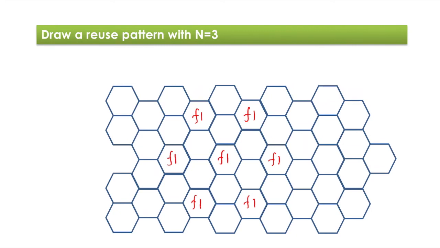Now since one frequency f1 is placed, we will try to place the next frequency f2 in other cells. So you can select any one of the empty cells where f1 is not placed. Let us place f2 here. In the same method, we will try to place the other f2 in the cells by using the reuse distance. Here you can see that this is along the side i equal to 1 and with a 60-degree anti-clockwise turn.